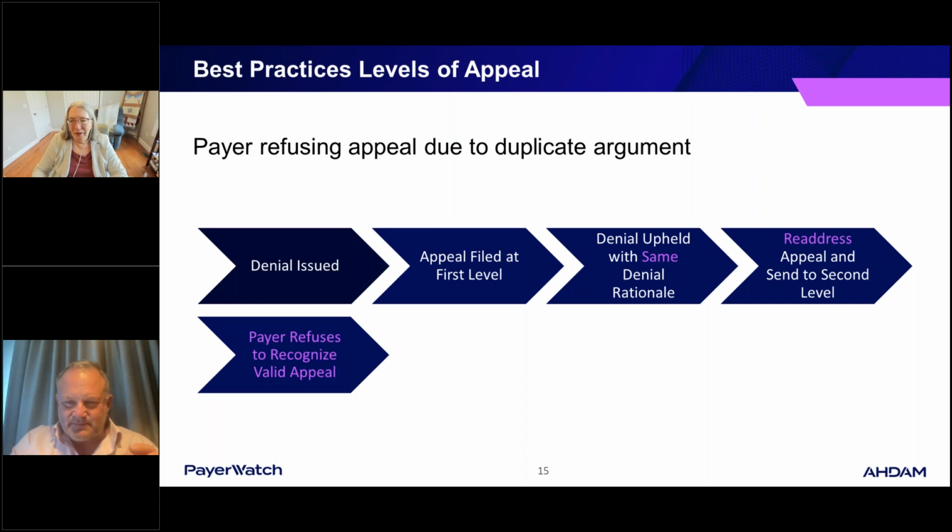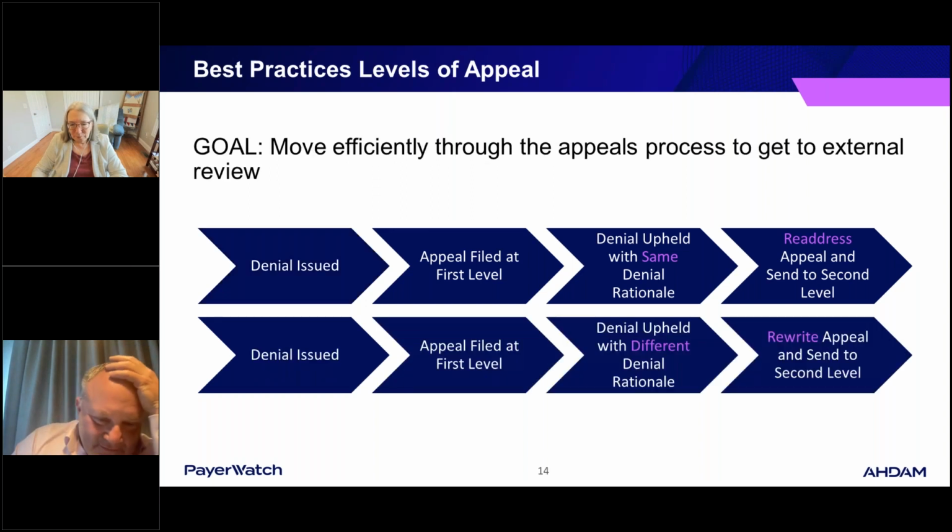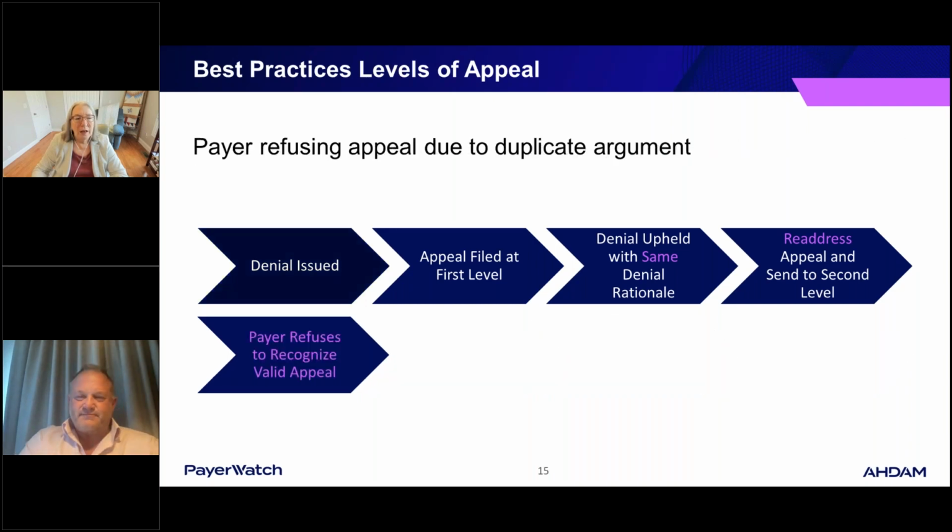Okay, what about in this case, on the first line, where they come back with the same denial rationale and you just put a new address and a new date on it and send it back to them? I know you guys have seen this because y'all have let me know that this is happening to you. We've seen it as well.